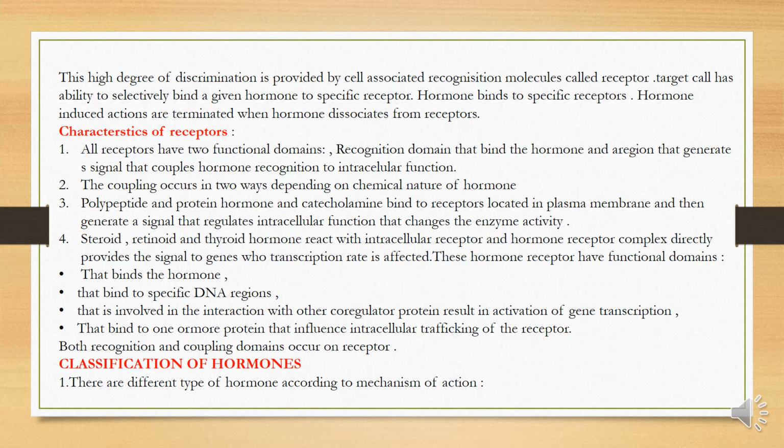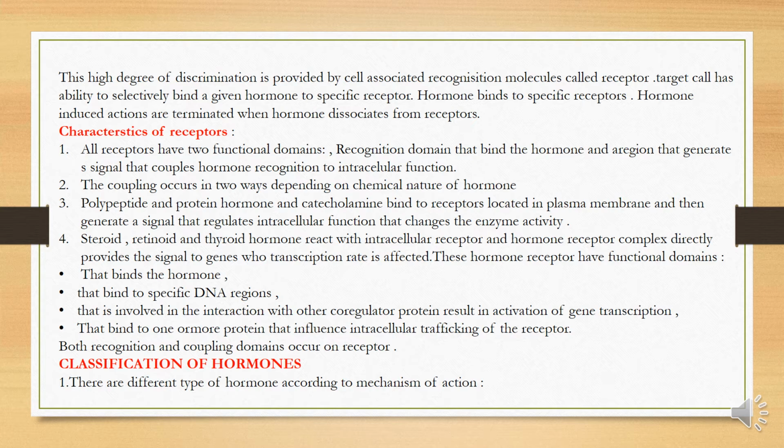The coupling occurs in two ways depending upon the chemical nature of the hormone. Polypeptide and protein hormones and catecholamines bind to the receptor located in the plasma membrane and then generate a signal that regulates intracellular functions by changing enzyme activity. Steroid, retinoid, and thyroid hormones react with intracellular receptors, and the hormone receptor complex directly provides the signal to genes whose transcription rate is affected.